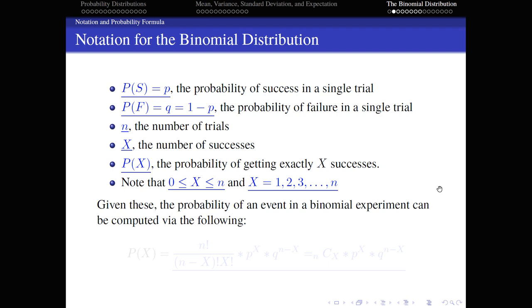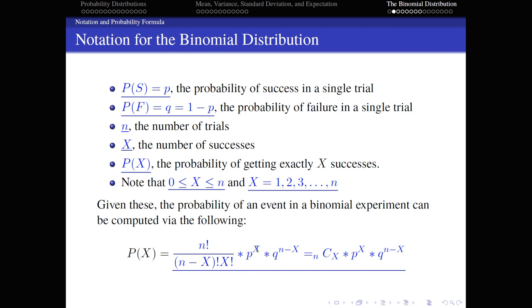All right, given the above, the probability of any specific number of successes, exactly X successes, is given by this formula. Now, this formula looks really nasty. Remember, this beginning is just n choose X. This is how many different ways we can choose X in an unordered way.